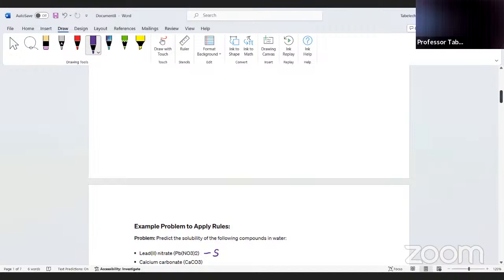Put S for soluble and I for insoluble in the chat box. Let me know what you guys think. Is calcium carbonate soluble or insoluble? S for soluble, S as in Sam, I for ice, for insoluble.